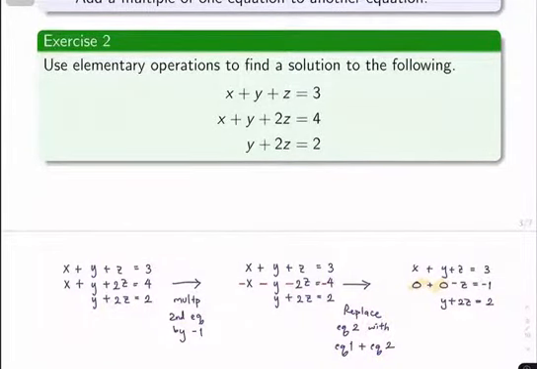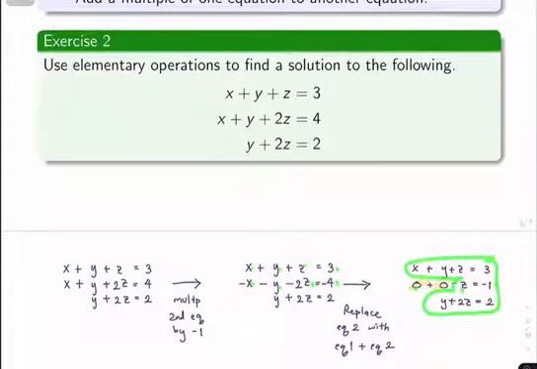So I have x minus x, which is equal to 0, and y minus y, which is equal to 0. z minus 2z is equal to -z. 3 minus 4 is equal to -1. And this is my new system of linear equations.